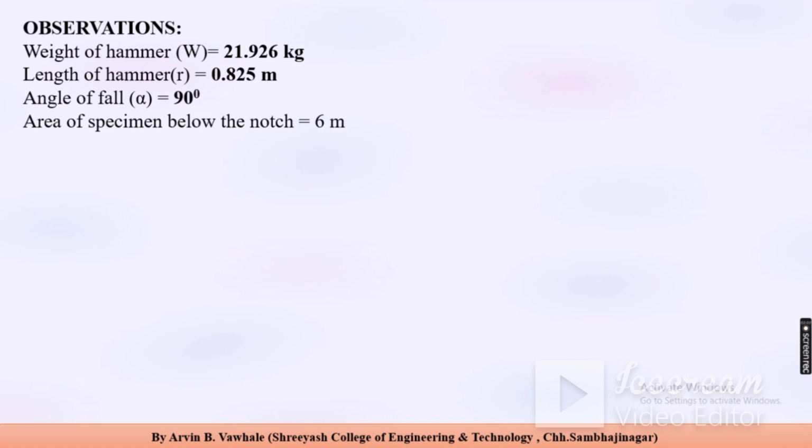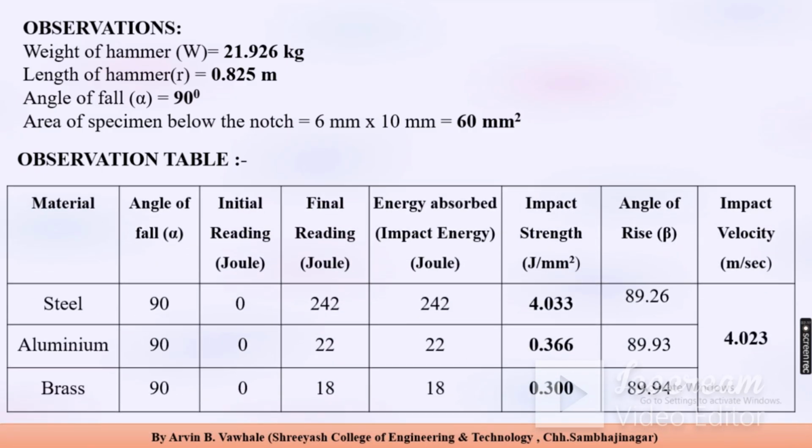Area of specimen below the notch equals 6 millimeters multiplied by 10 millimeters, equal to 60 square millimeters. The observation table shows the different materials such as steel, aluminum and brass, angle of fall, initial reading and final reading, energy absorbed, impact strength, angle of rise, and impact velocity. And then we get different readings for different materials.